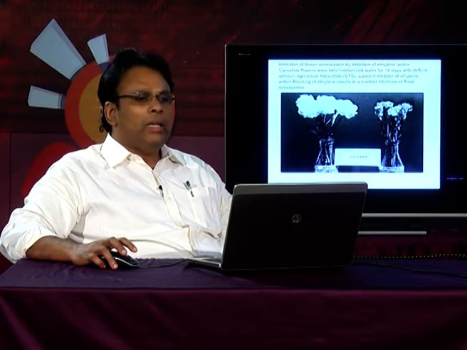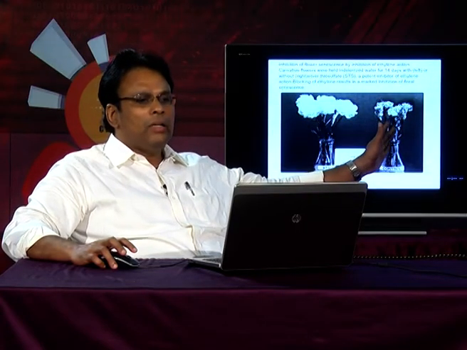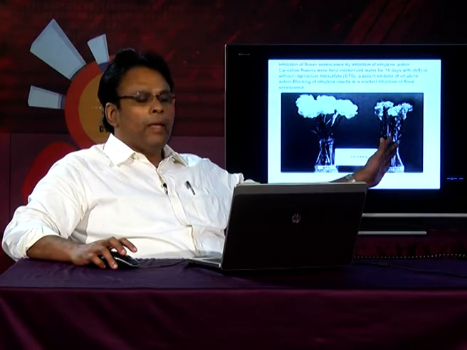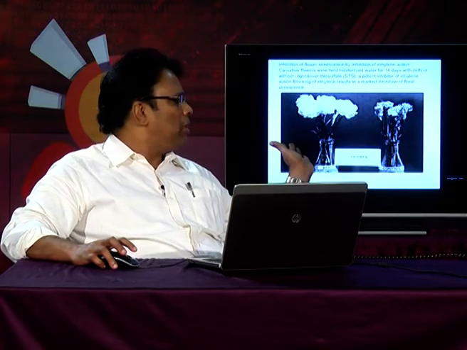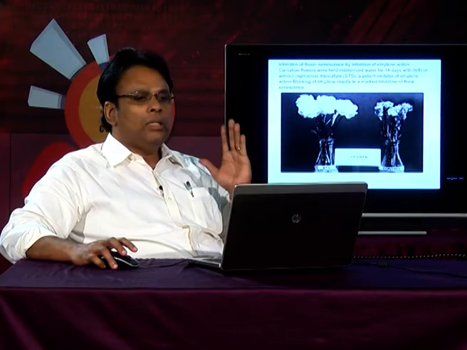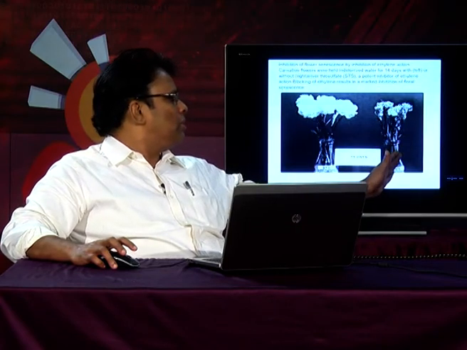They were held in deionized water for 14 days, on the left and right without the silver thiosulfate, a potent inhibitor of ethylene. So here a potent inhibitor of ethylene, STS, silver thiosulfate, is applied. It will inhibit ethylene production here. Here there is no inhibition of ethylene production.